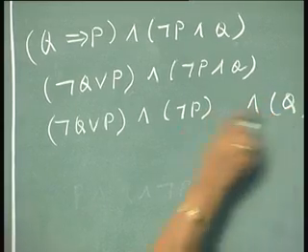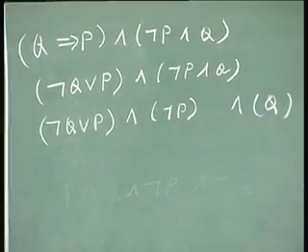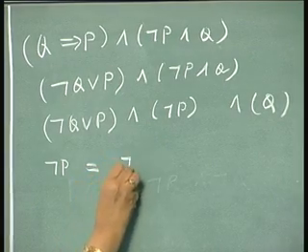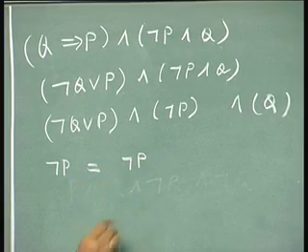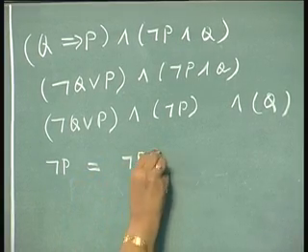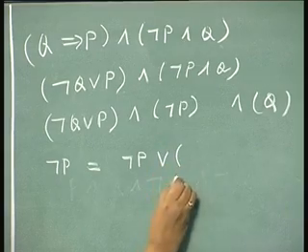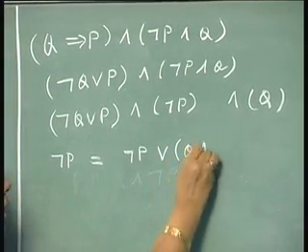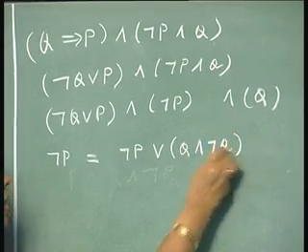Now you have to convert them into max terms. So not P you can write as not P or Q and not Q. This is 0.